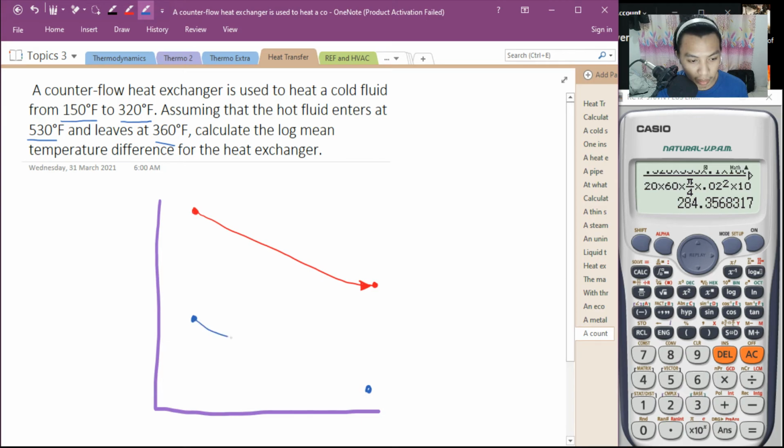Punta riyan. Ayun. Pabaliktad. So, yung delta T dito, tapos yung delta T dito, and then delta T dito. Makikita mo naman, nandito yung max eh. This is 530, this is 360, okay, this is 320, this is 150. Let us see yung temperature difference nila.